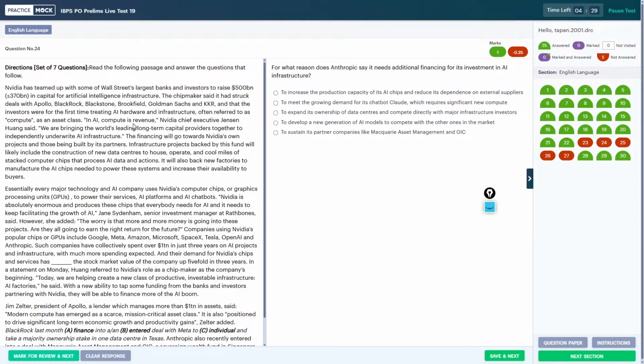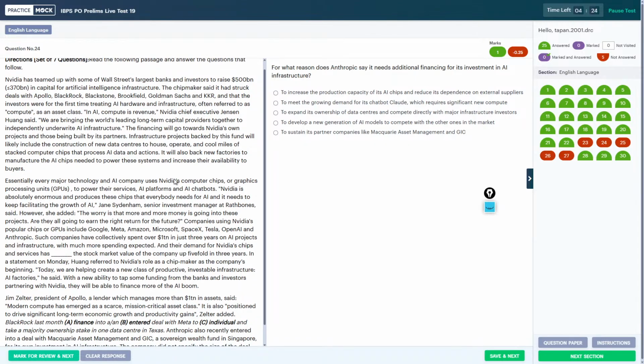Nvidia chief executive Jensen said, "We are bringing world-leading long-term capital providers together to independently underwrite AI infrastructure financing going forward for NVIDIA's own projects and those being built by its partners." Infrastructure projects backed by this fund will likely include the construction of new data centers, cooling systems, and AI factories.